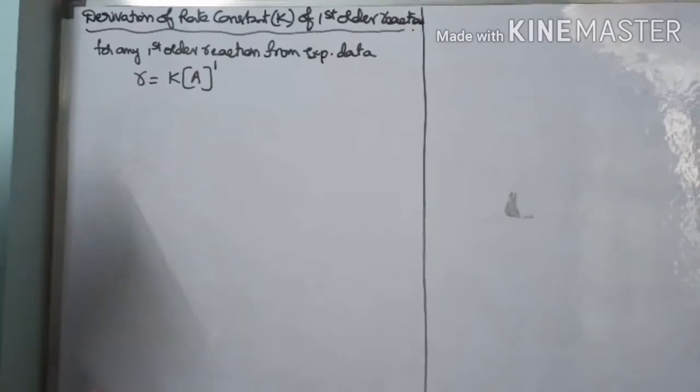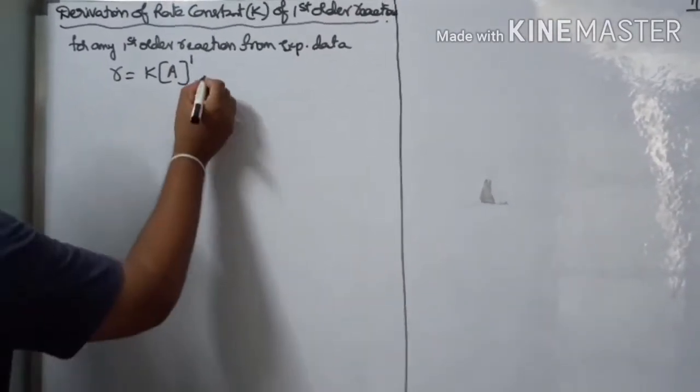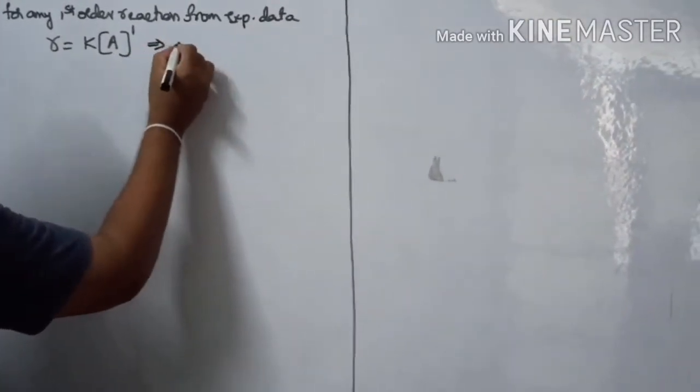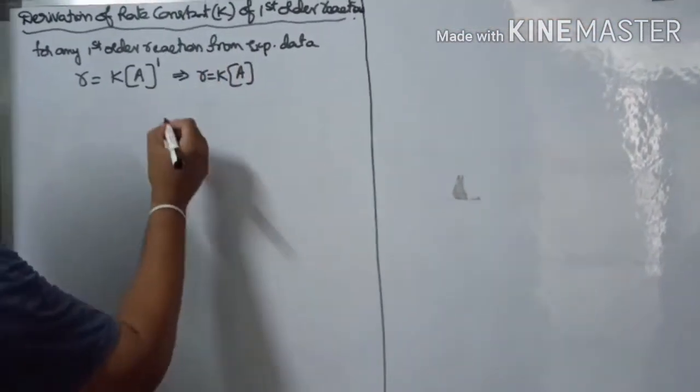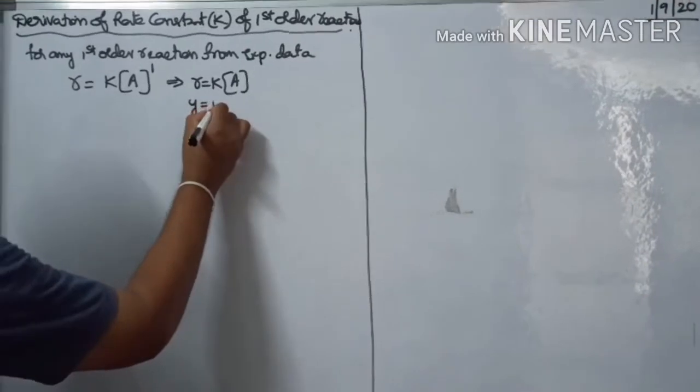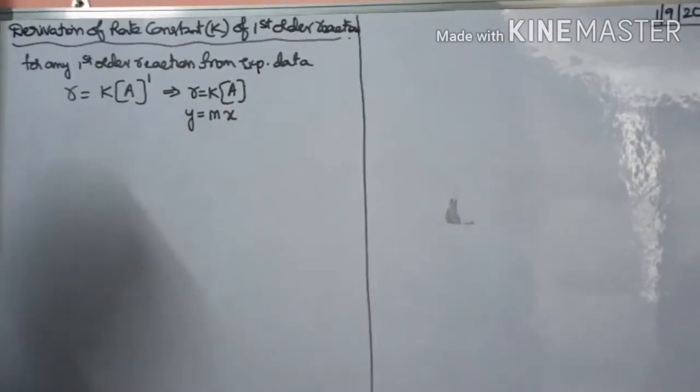Anything to the power of 1 is the same term, so you can write R is equal to K into A. If you observe, this expression is in the form of y is equal to mx.